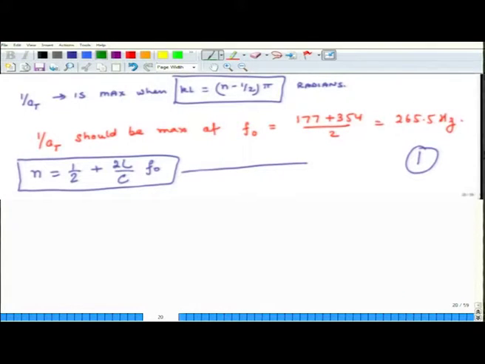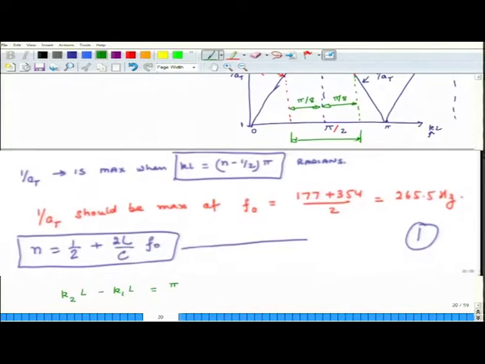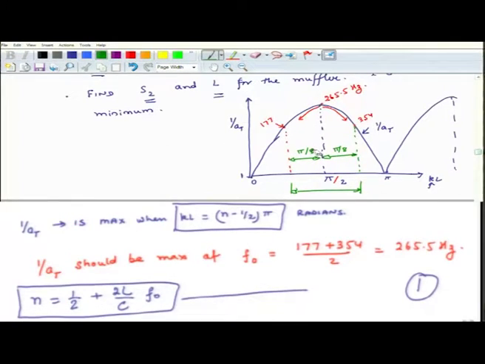Okay. So, what I can say is that k2 L minus k1 L is equal to pi, I am sorry, it should not be pi by 8, it should be pi by 4, because the overall distance is pi by 2.